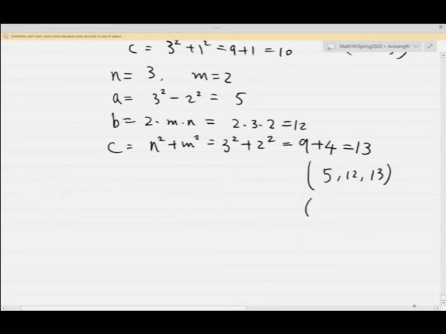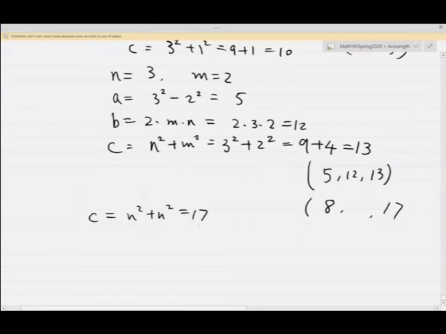For instance, we can have 8, 15, 17. Here c is 17, so 17 is n squared plus m squared.